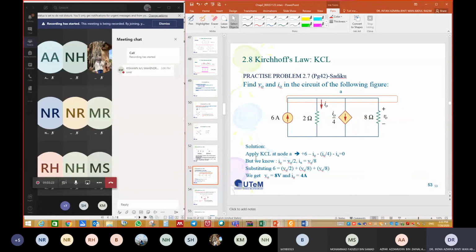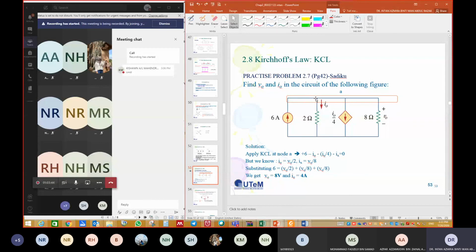So if you apply KCL at node A, KCL is current entering equals current leaving the node, or the summation of current entering a node is equal to 0. Here the current entering the node is 6. Only 6, right?